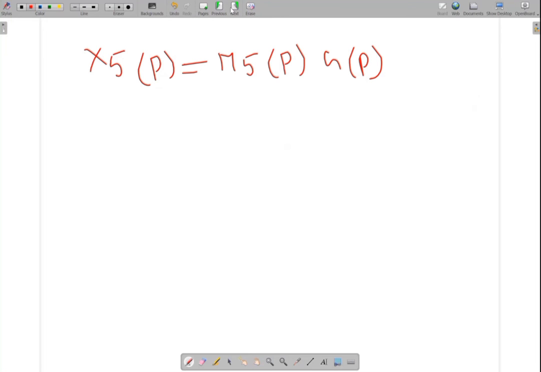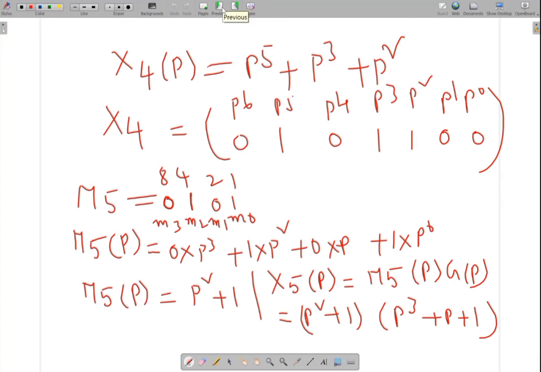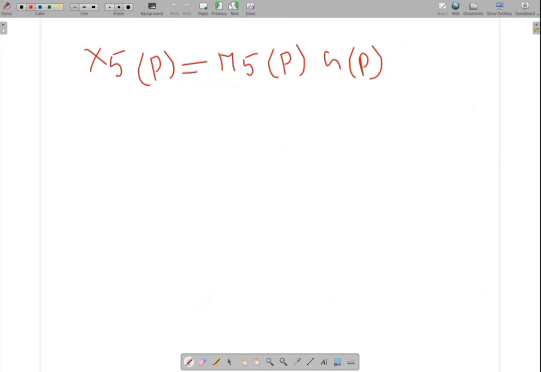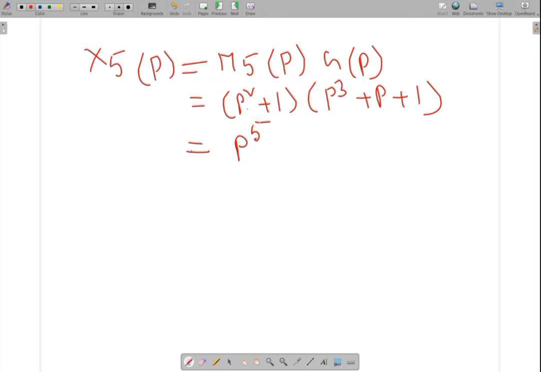M5 of P is P square plus 1. That is P square plus 1 into G of P, P cube plus P plus 1. Multiply: P power 5 plus P cube plus P square, multiply 1 with all these terms, P cube plus P plus 1.